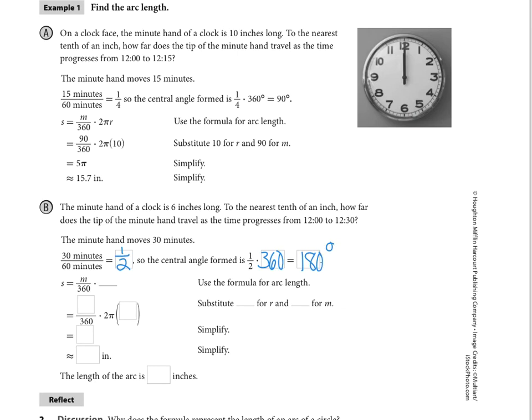And so here's my formula. Arc length S is equal to the measure out of 360 times the circumference, 2 pi r. And we know the measure we just found for half of the circle is 180. So we're basically doing half of 2 pi r when r is 6.